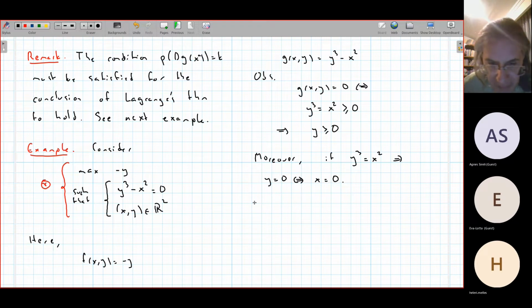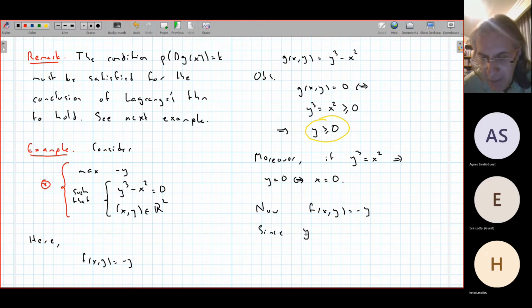In the meantime, recall that f of x comma y is equal to minus y. Since y must be greater than or equal to 0, f of x comma y is going to be less than or equal to 0.